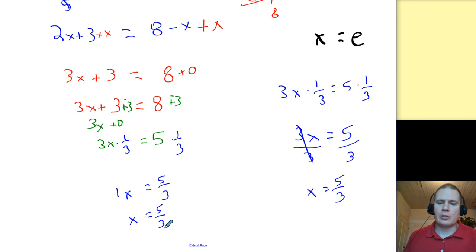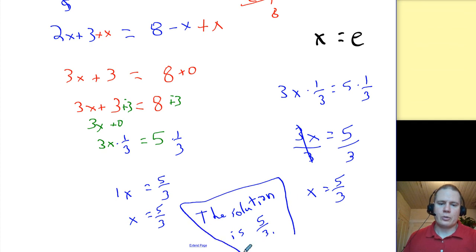And I get a fraction for my answer, no big deal. So I'll say the solution is 5/3, or I guess that's 1 2/3, or 1.6 repeating, right? 5/3 is just fine. I can't reduce it, so I leave it that way.